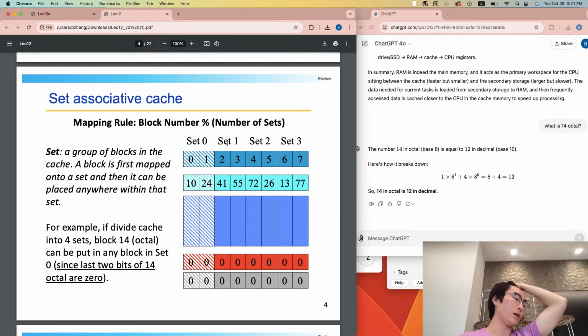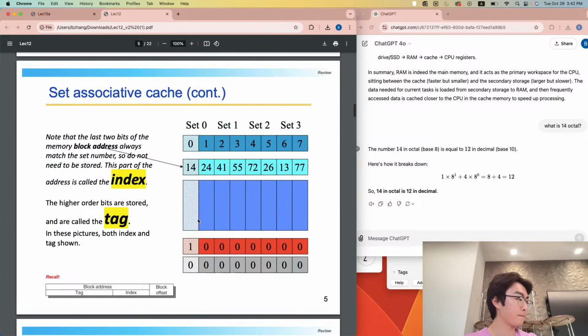So, okay, it can be put in set 0. Then it'll replace one of these. So the last 2 bits of the memory block address always match the set number, so they do not need to be stored as part of the address code.